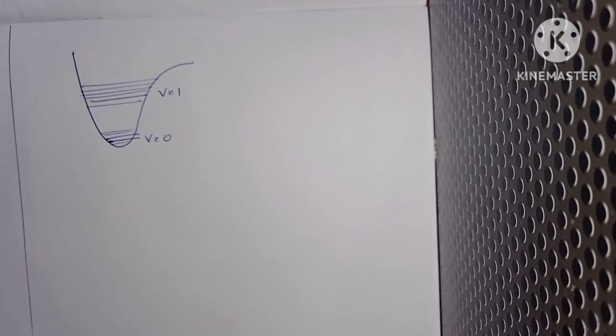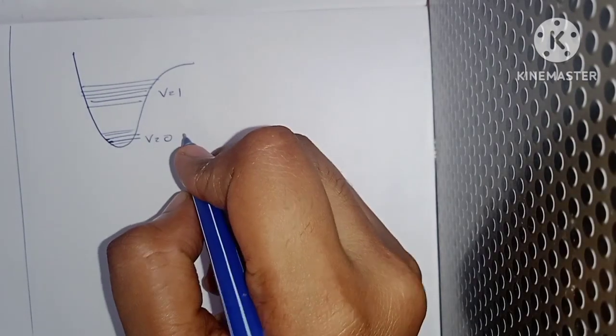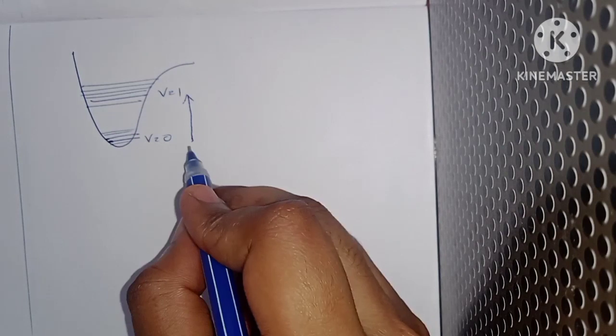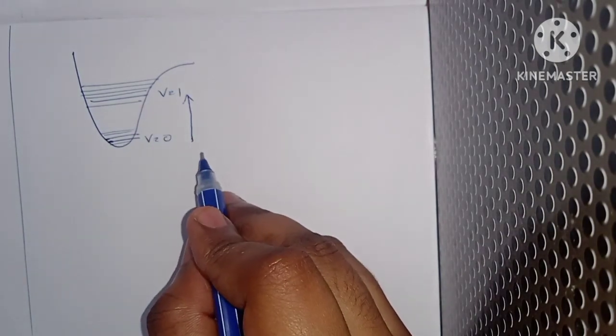Now, if rotational and vibrational transitions occur together, this may happen: a vibrational transition from V equal to 0 to V equal to 1 may happen.